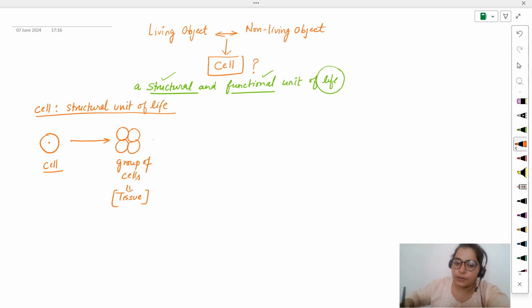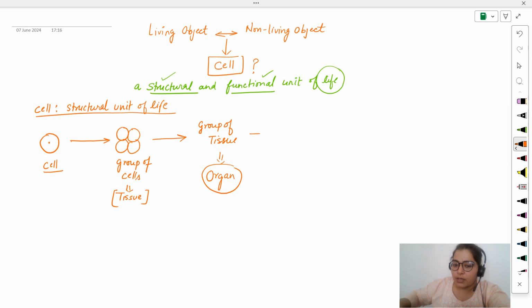So here there is a group of tissues. Different types of tissues are clustered together and perform a specific function. Likewise, a group of tissues is called an organ, right? So it makes an organ in the body of an organism.